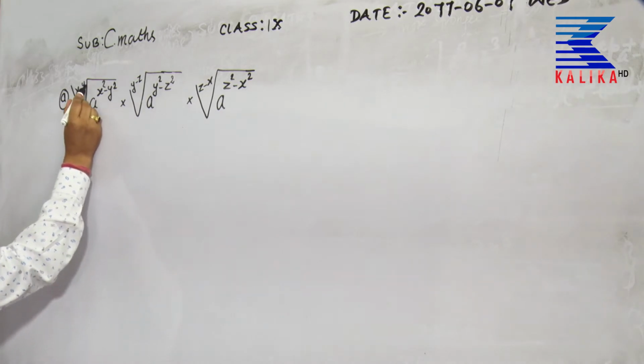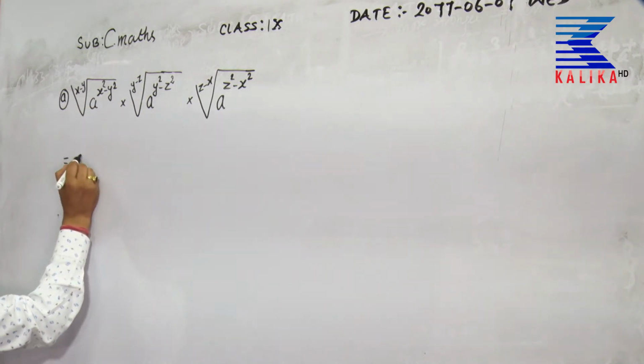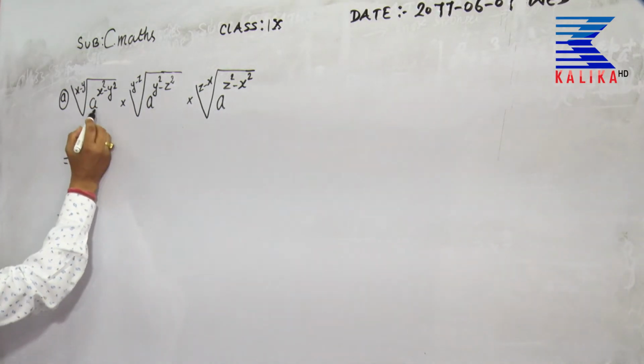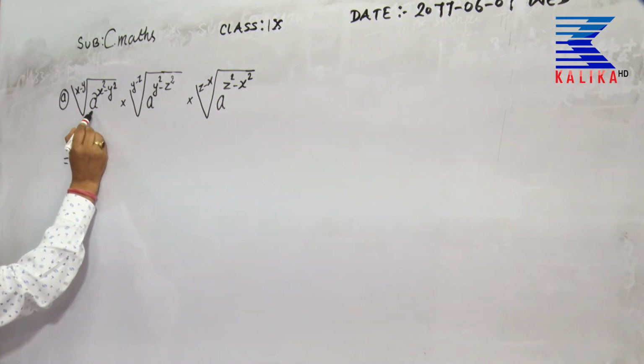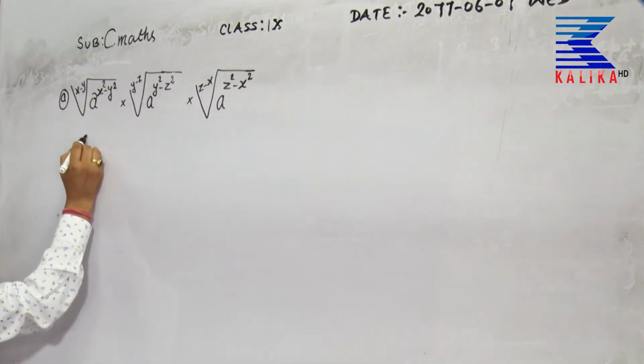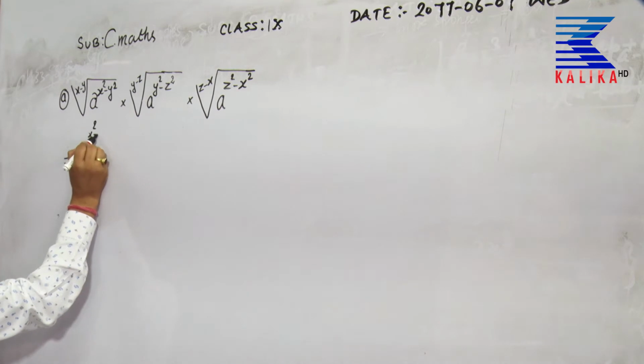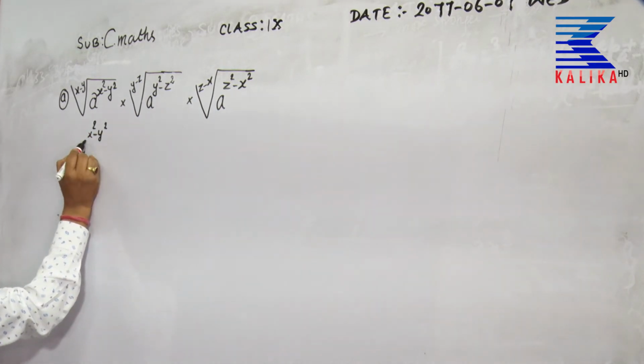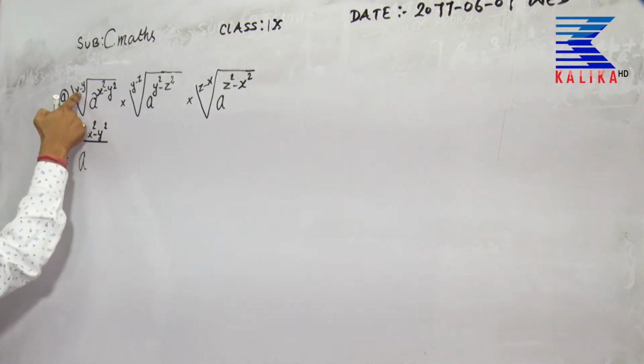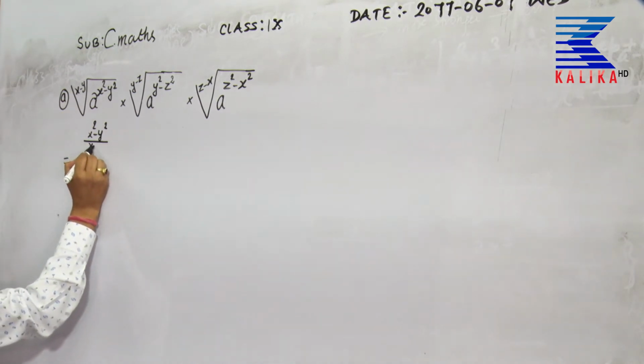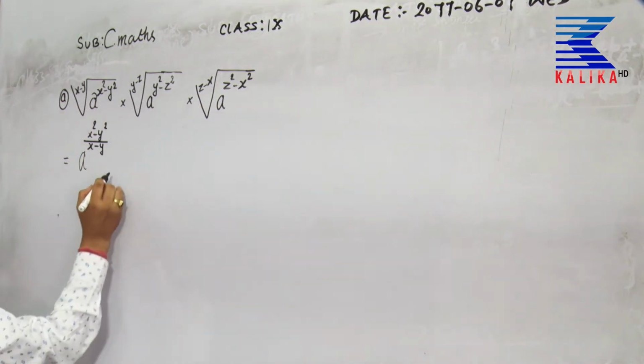Here at first we need to remove the radical sign. So, the base of the number is a, and the power of it is x square minus y square, and we should divide it by the order of the root, x minus y.